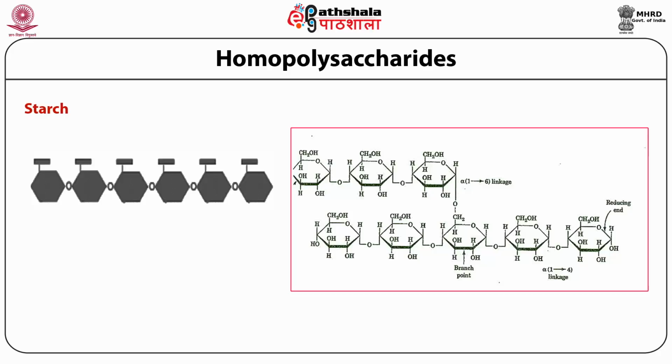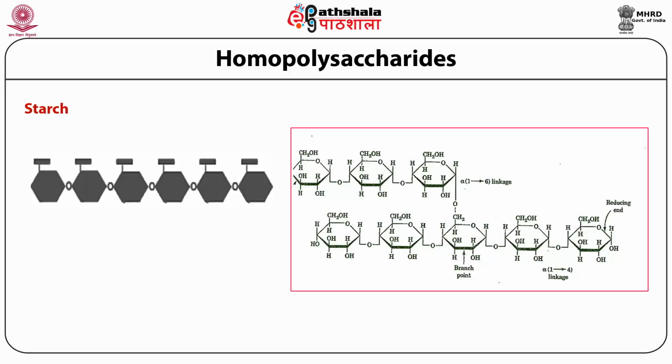Homopolysaccharide. Example, starch. The figure shows the structure of starch, that is amylose and amylopectin. Starch is present as insoluble granules in the cell cytoplasm. Starch is a mixture of two polymers. These are amylose and amylopectin.